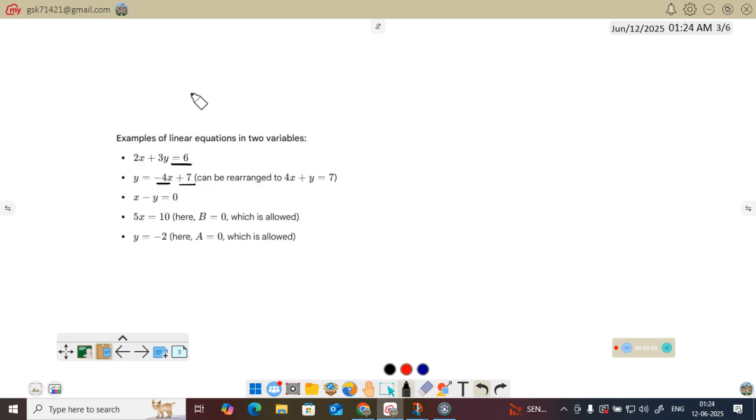Student, here are some examples of linear equations in two variables. First is 2x plus 3y equal to 6, and we know the standard form of a linear equation in two variables is ax plus by equal to c.